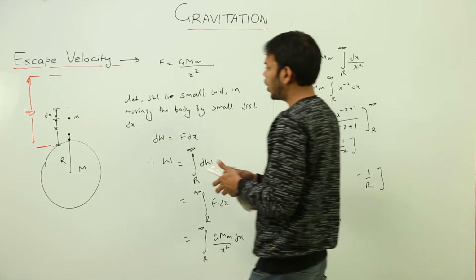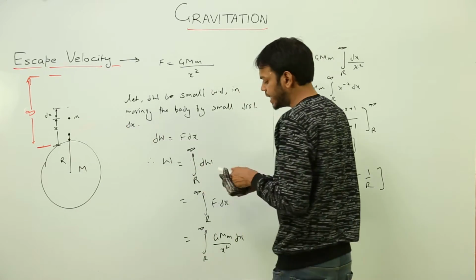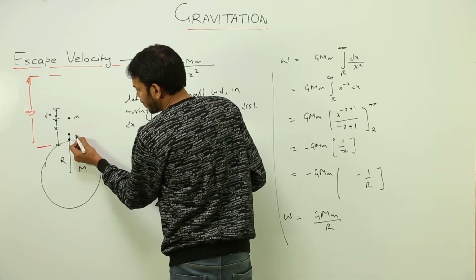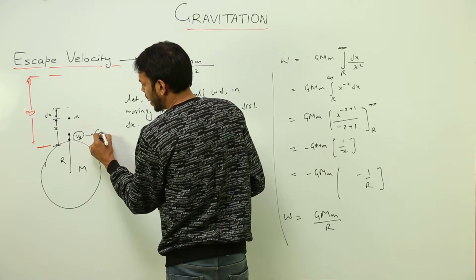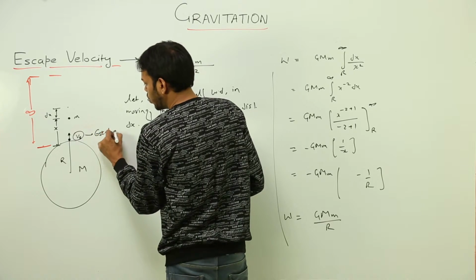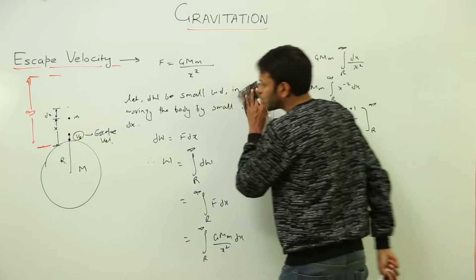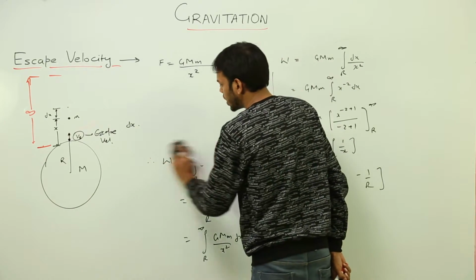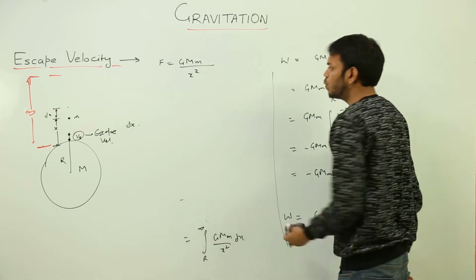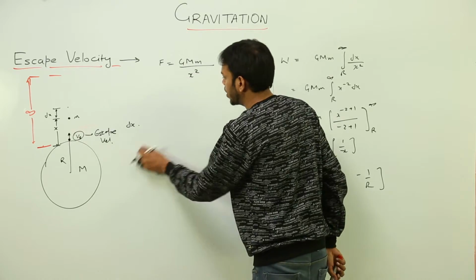Okay, now how do we solve it further? If VE is the escape velocity, which we have to figure out, or it is that velocity with which the body has been projected. According to work energy theorem, whatever kinetic energy was there in the body, that got converted into work done by the body. So basically what we are using is the work energy theorem.